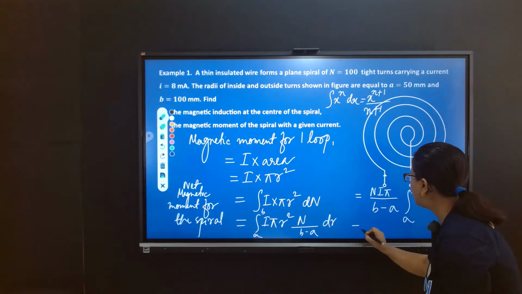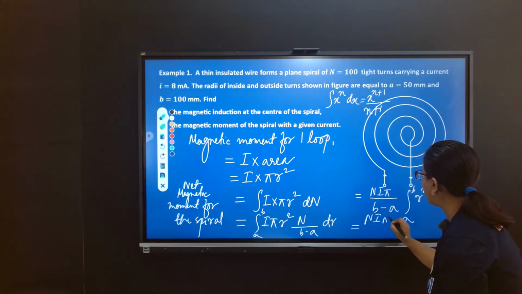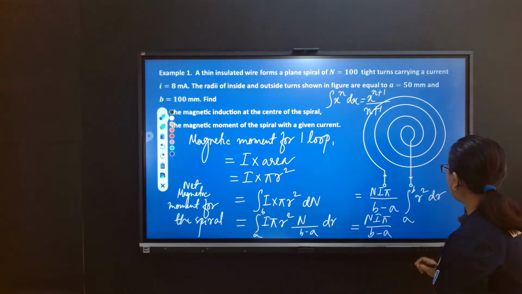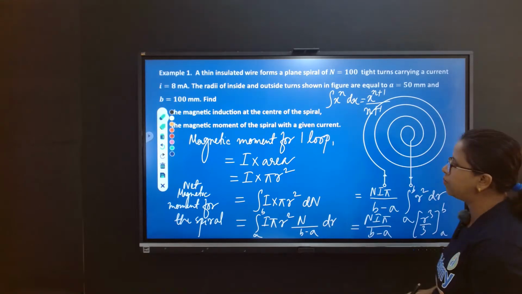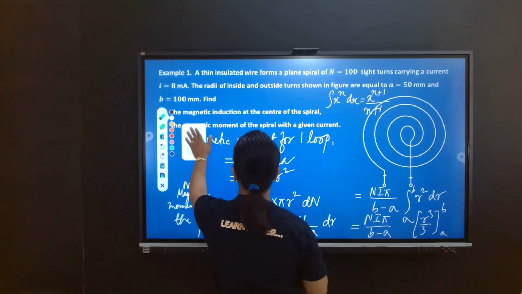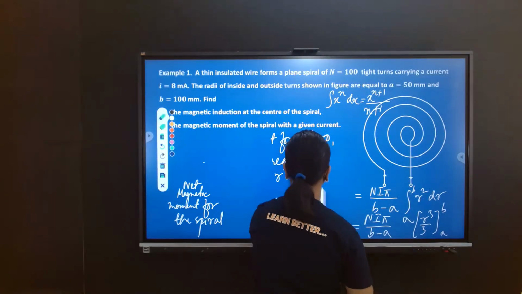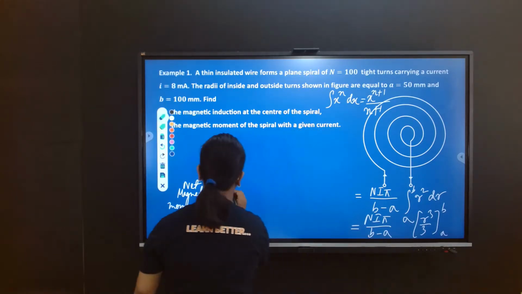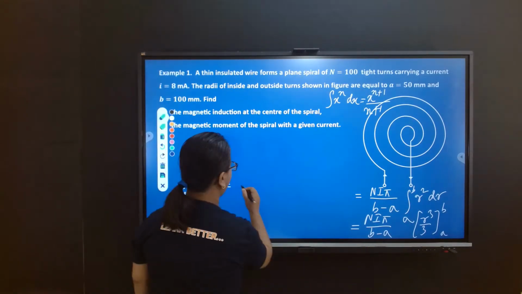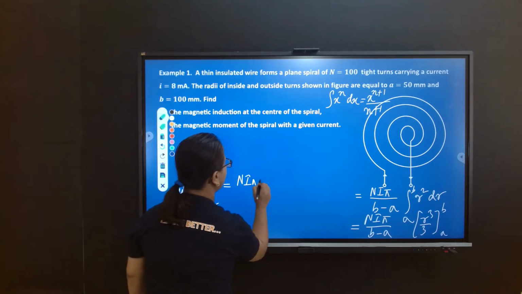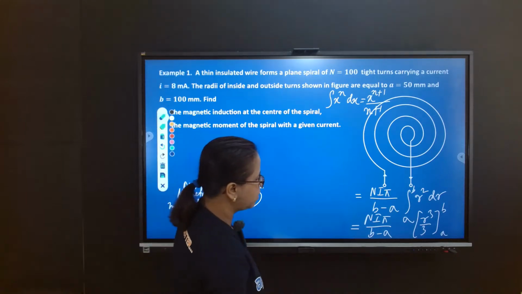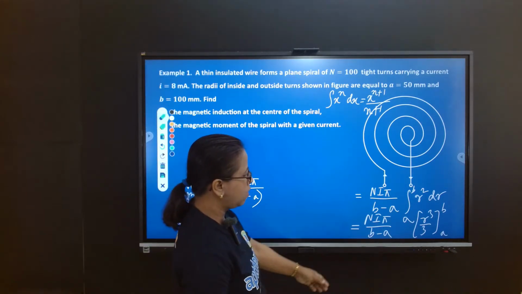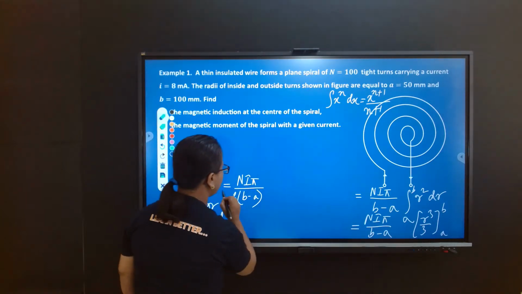So solving this further, we get this as n I pi by b minus a, and this is r cubed by 3. And the limits are yet to be put, a to b. So the net magnetic moment may be written as n I pi by b minus a, and we have a 3 coming out.